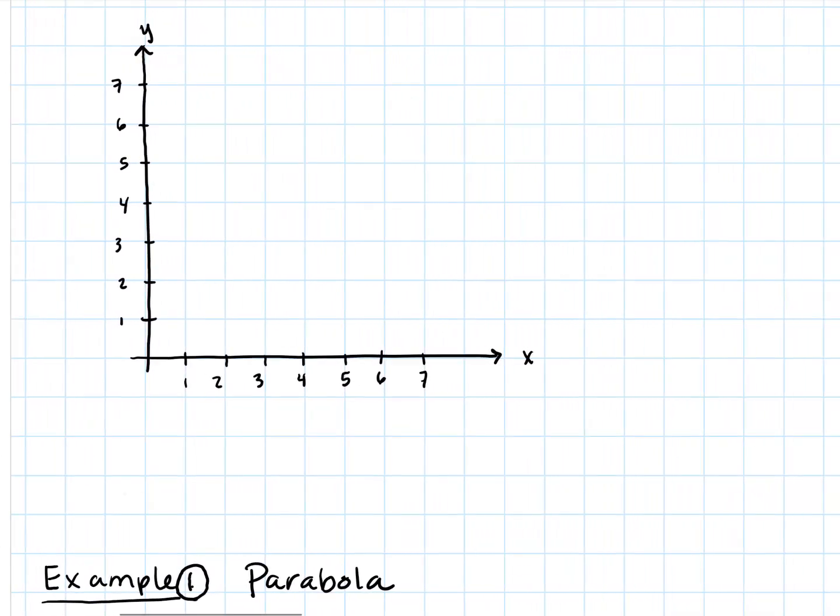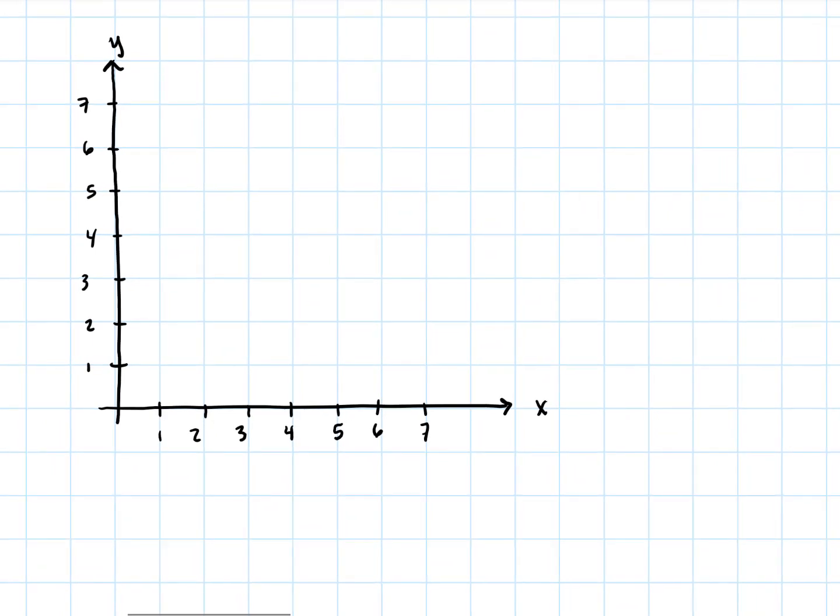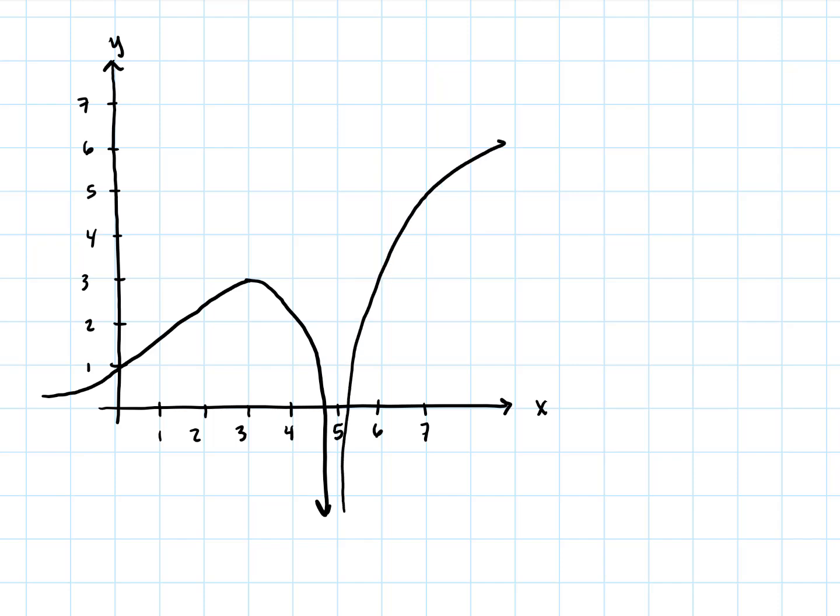So let's come over here and make up a function. We have a graph here, and let's suppose that our function does something like this. It comes up and hits that point right there, and also comes up, and it looks something like that.